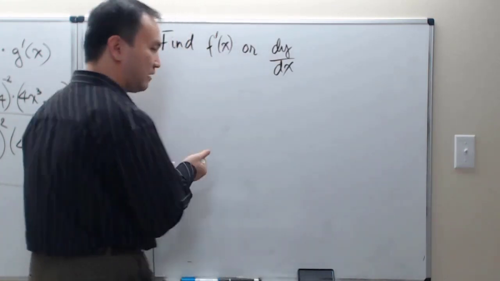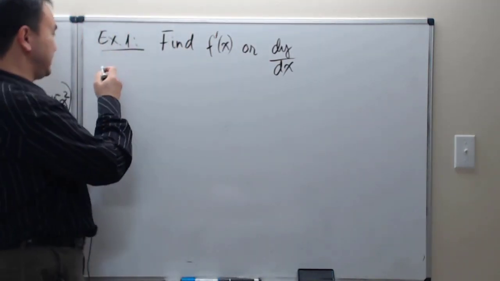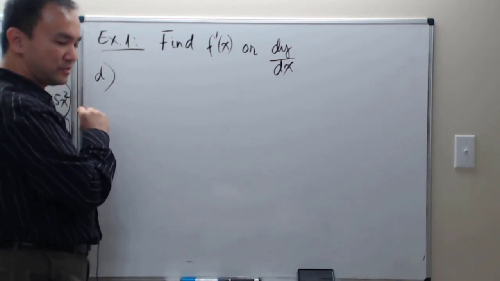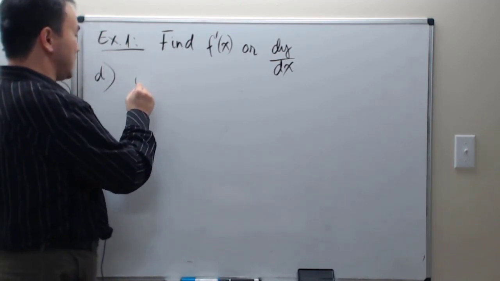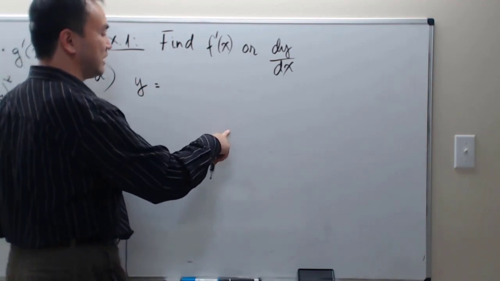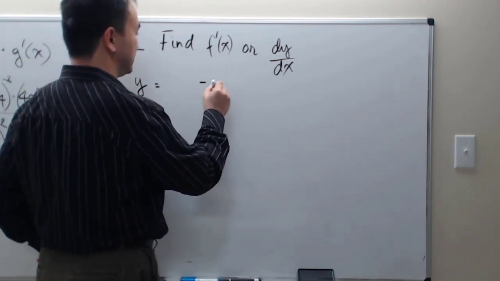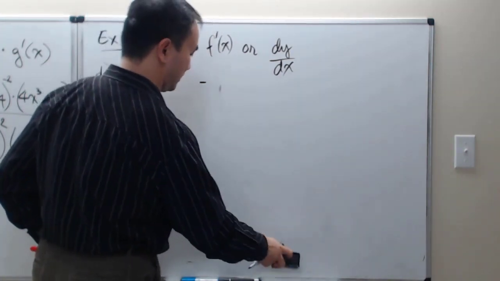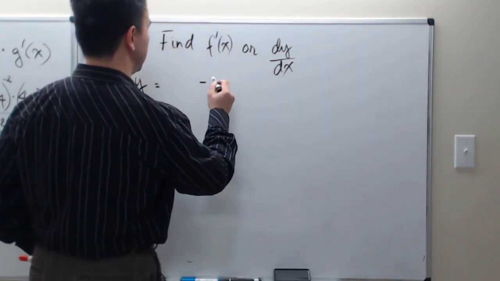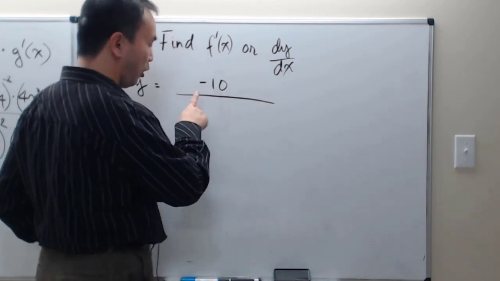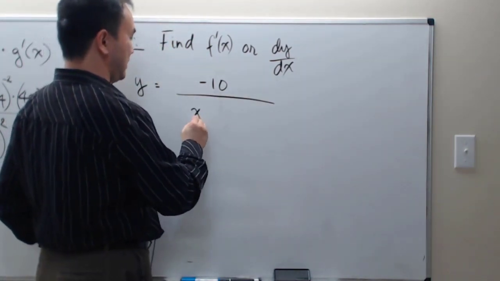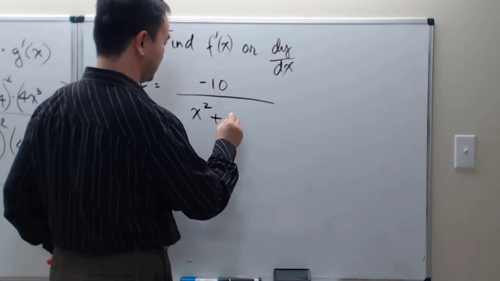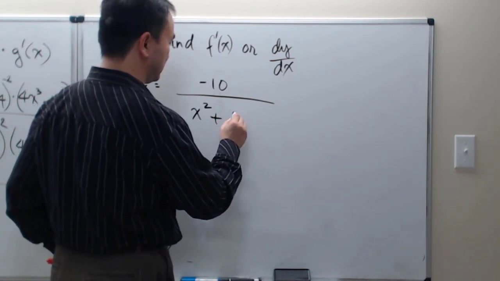All right, so now let's look at part D of our example. So now, how about y equals negative 10 times, over, and here I have x squared plus 5.